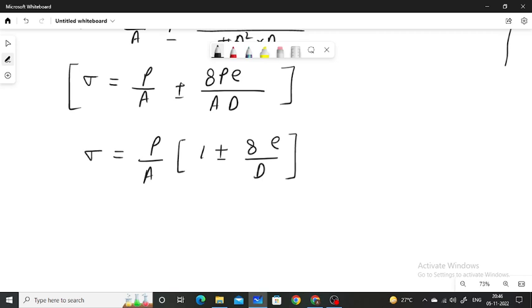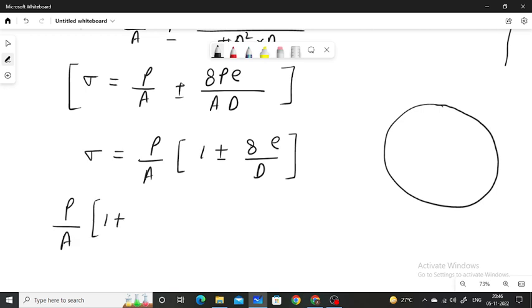For no tensile stress about any point of the cross section, in that case this stress should be greater than 0.